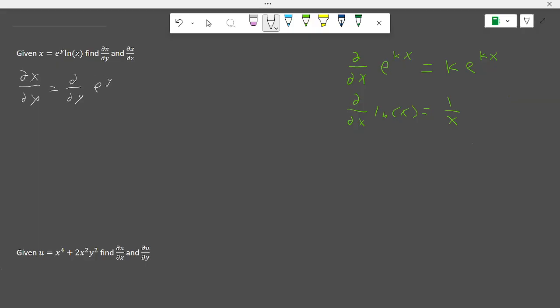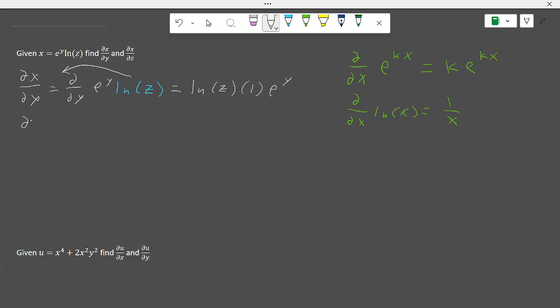So we'll write out e to the y, and then we're going to write out our constant in blue, so natural log of z. And you'll see that we can just move this to the outside of the derivative and just focus on that e to the y. And so that is just going to equal the natural log of z times the derivative of y is 1, so we'll write 1 here, e to the y.